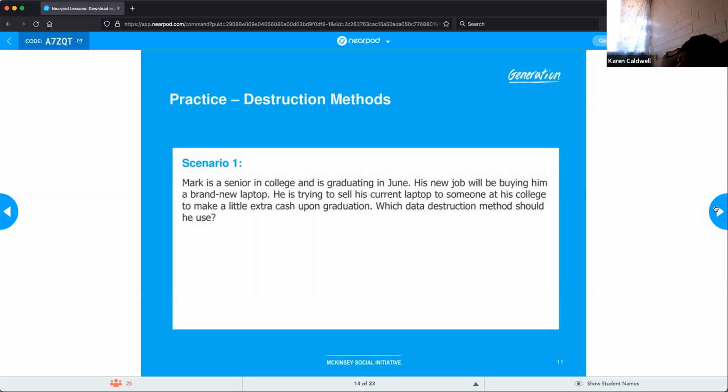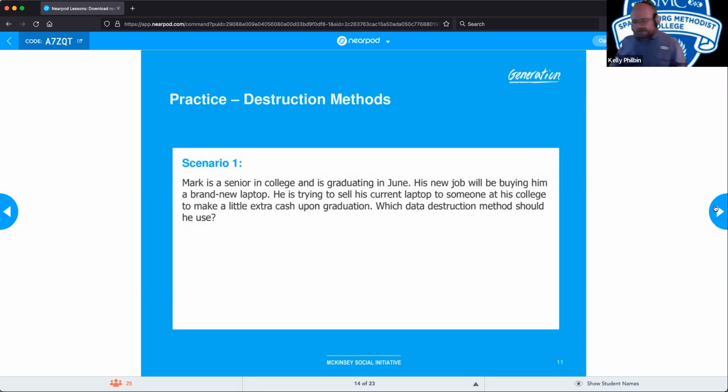One of the sanitation methods. Okay. Why? Because he used it for college, so it's probably not much sensitive data on it. Mm-hmm. And he could just kind of do a factory reset on it, basically.